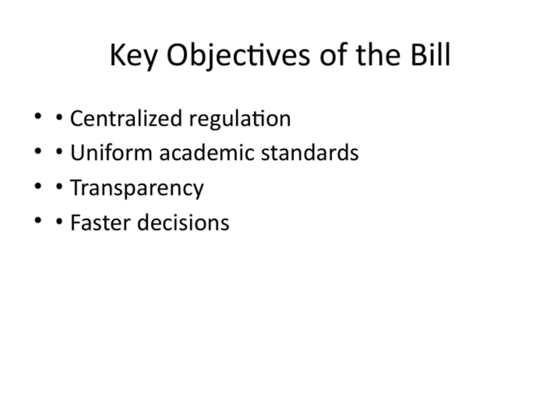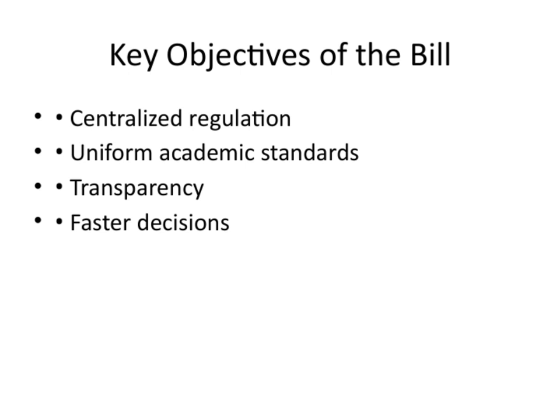First, we have centralized regulation. This means that instead of having each institution or region set its own rules, there will be a unified governing body overseeing everything. This helps ensure consistency across the board. Next, we have uniform academic standards, which are crucial for maintaining quality and fairness in education. When standards are consistent, students can expect the same level of education regardless of where they study.